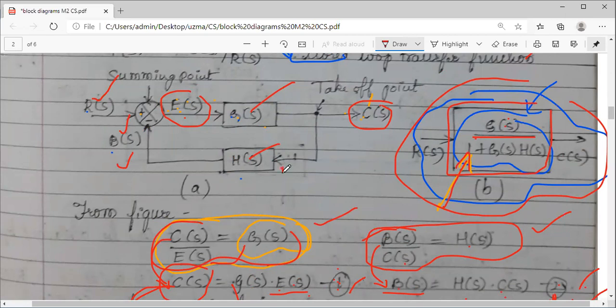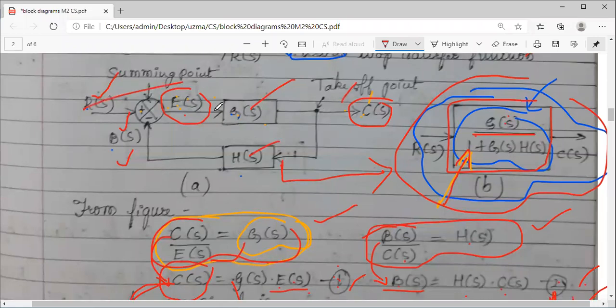So for this closed loop system, this is the equivalent block diagram. Hope you understood this part. It's very simple. From the figure, you can analyze how the signals are flowing, how I can get output by input.